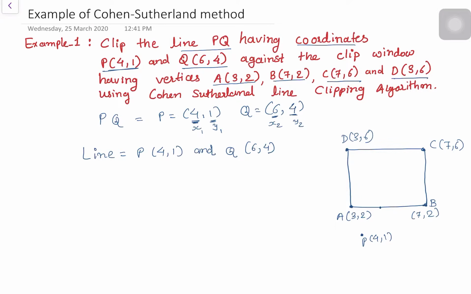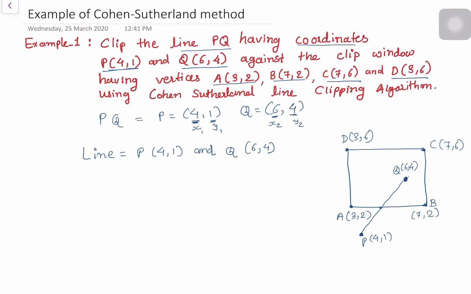And what about Q? Q is (6,4), so it may be here. This will be 6 and this will be 4. So put the point Q (6,4) and draw this line.